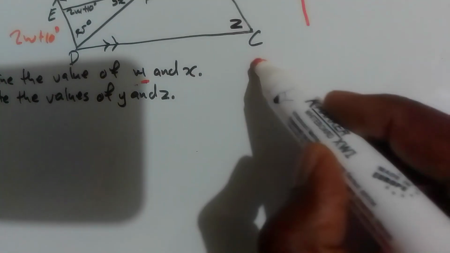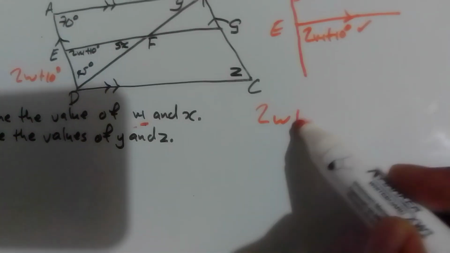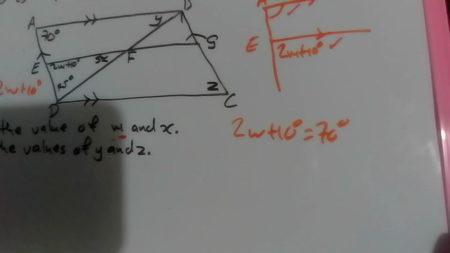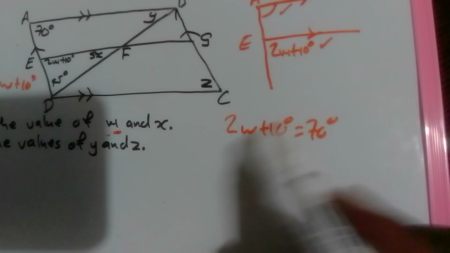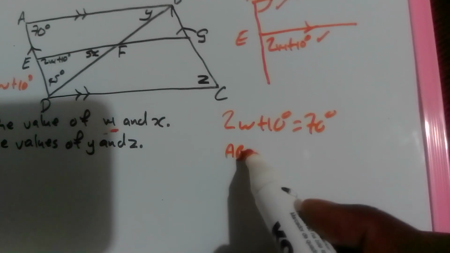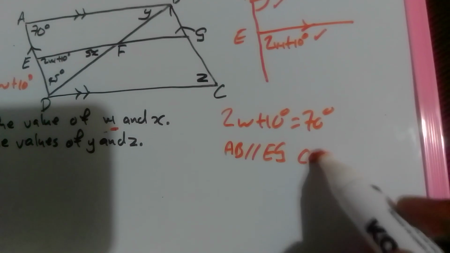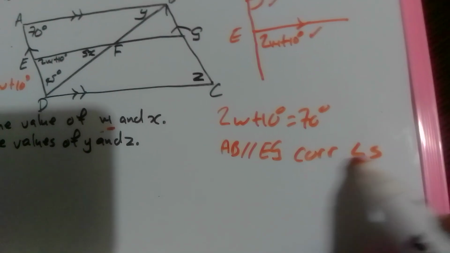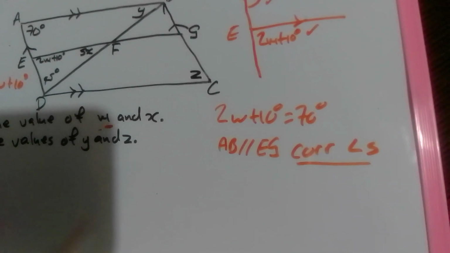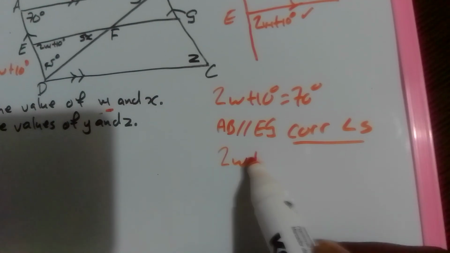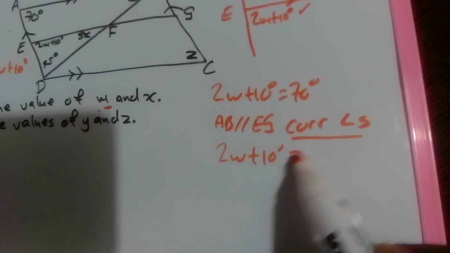So now I say 2W plus 10 degrees is equal to 70 degrees. What is my reason? Since line AB is parallel to line EG, I have corresponding angles. Now I must solve this equation. So 2W plus 10 degrees is equal to 70.